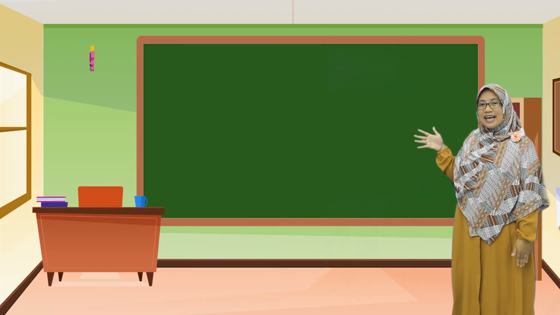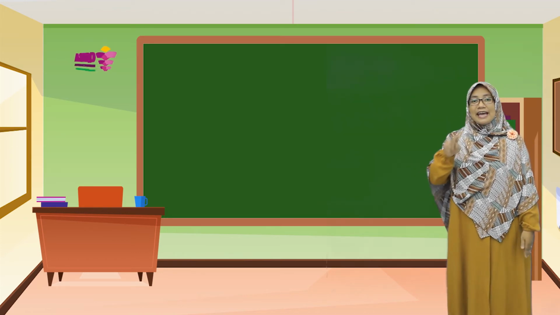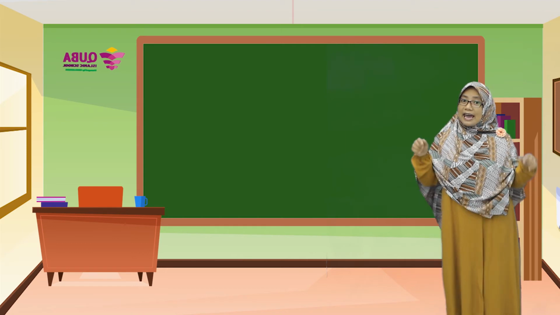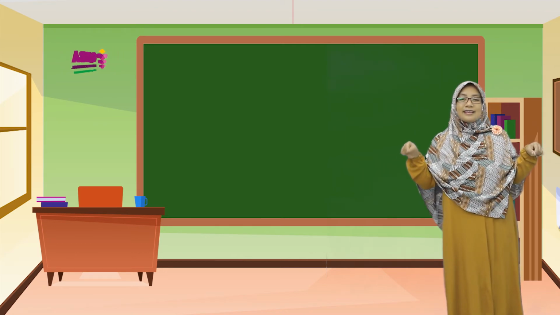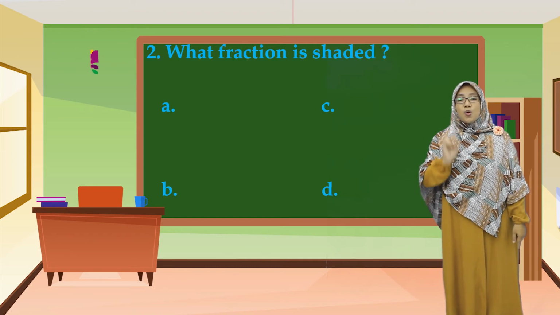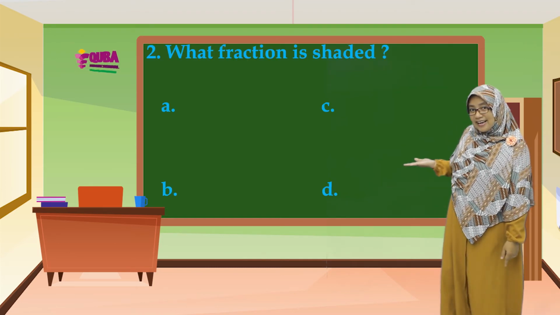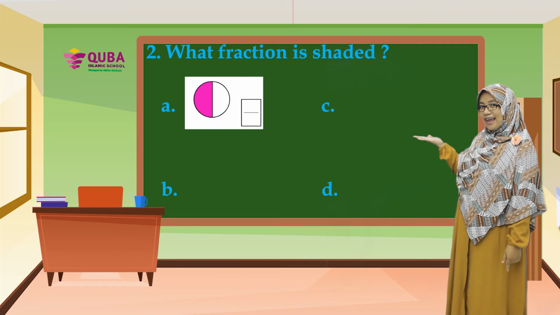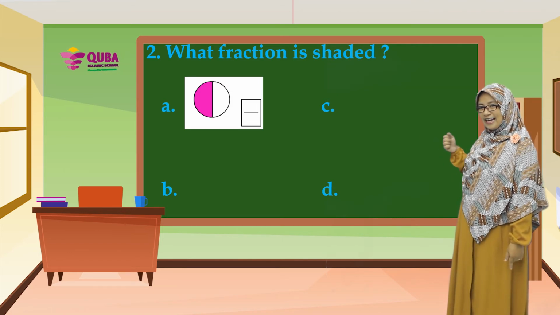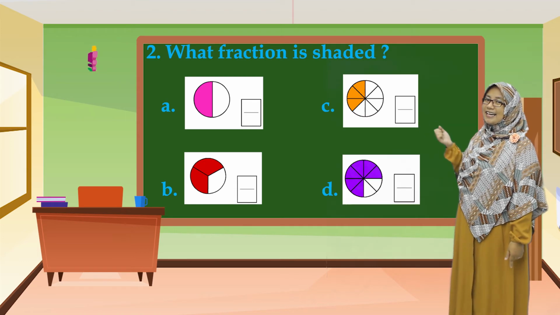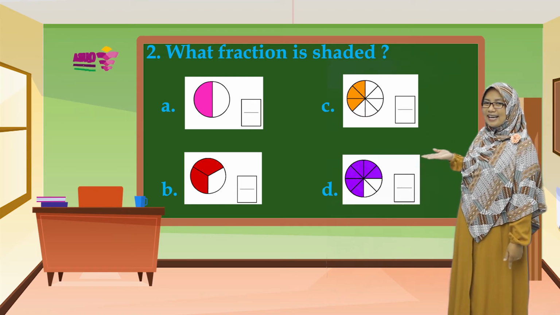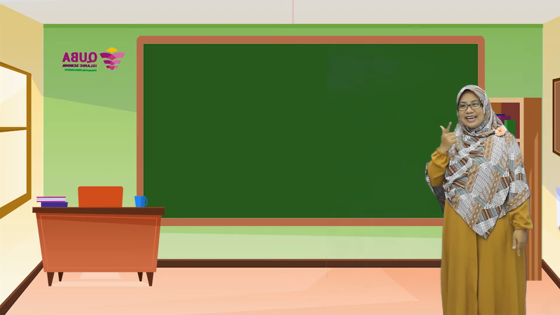Okay, now for number 2 and number 3, you may answer in the comment column. Okay, question number 2. What fraction is shaded? Look at the picture A. Okay, now B, and then C, and then D. Okay, this is number 3.